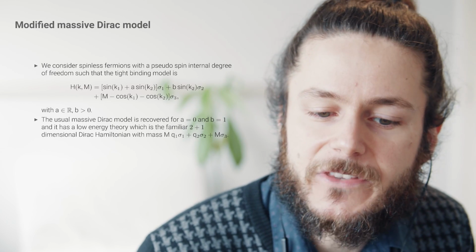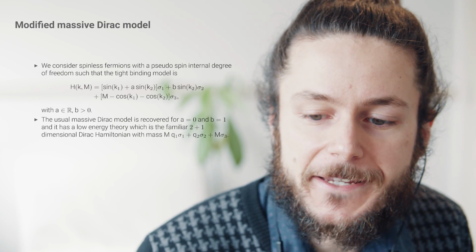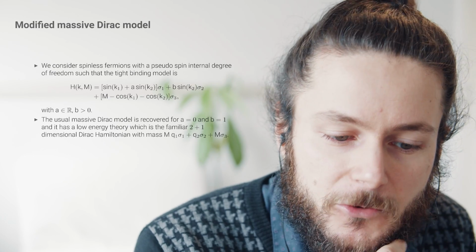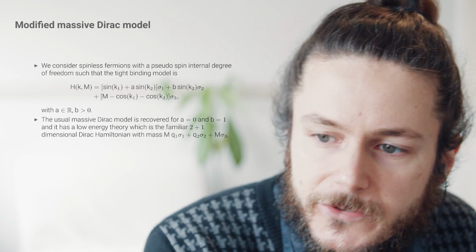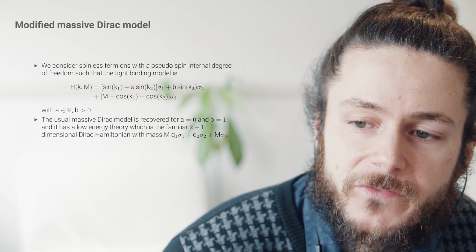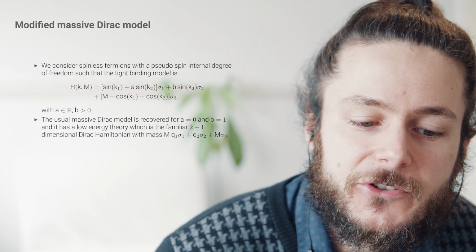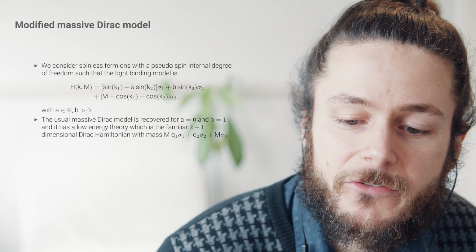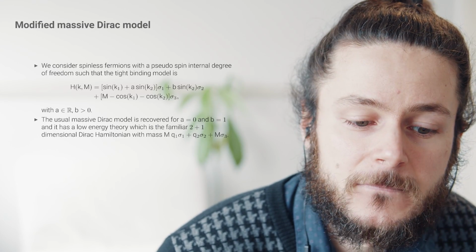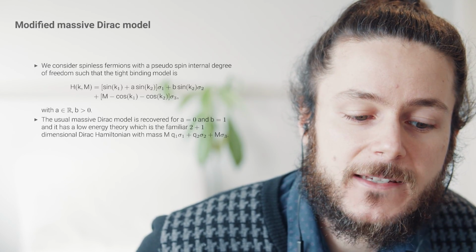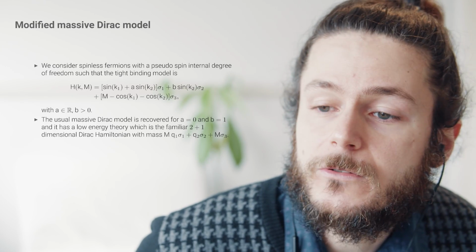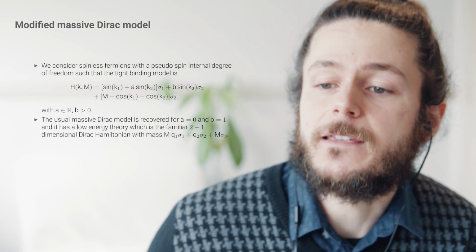The usual massive Dirac model is recovered for A equals 0 and B equals 1, and it is familiar to both high-energy and low-energy physicists because its low-energy theory has the familiar 2 plus 1 dimensional Dirac Hamiltonian form with a mass m. It is basically Q1 sigma 1 plus Q2 sigma 2 plus a mass times sigma 3.